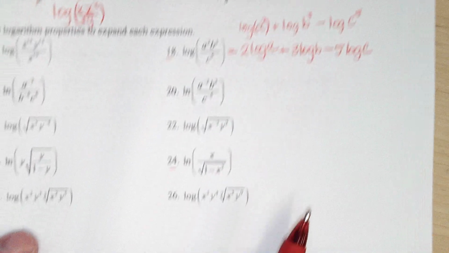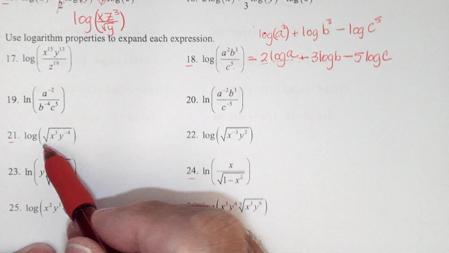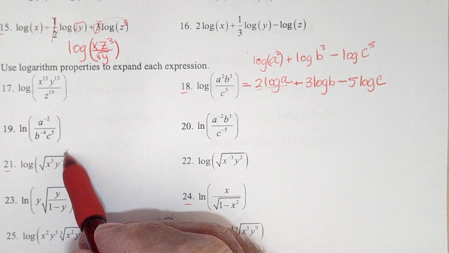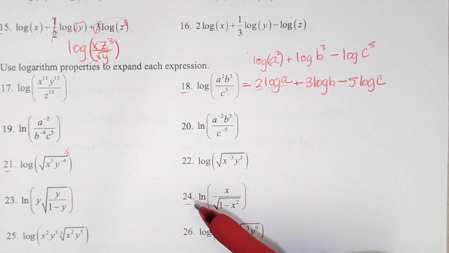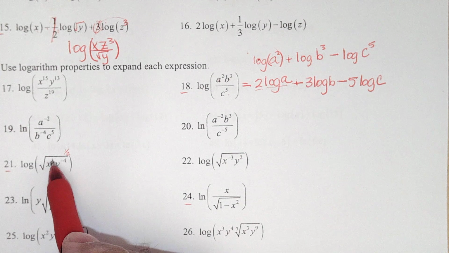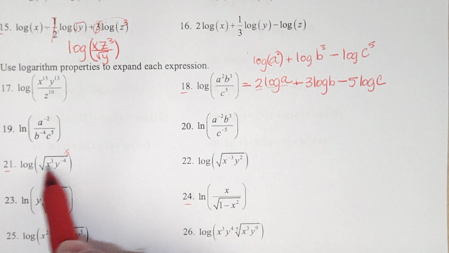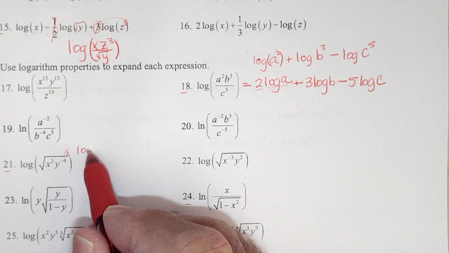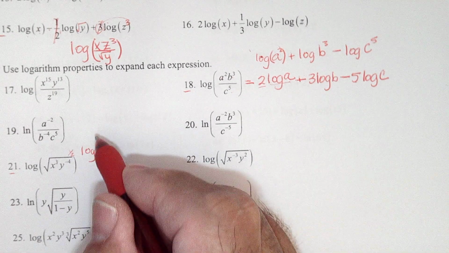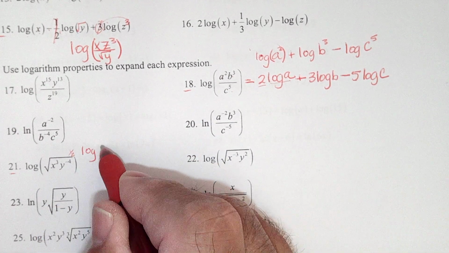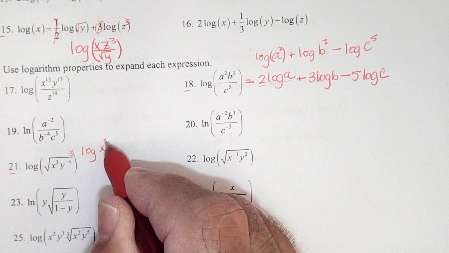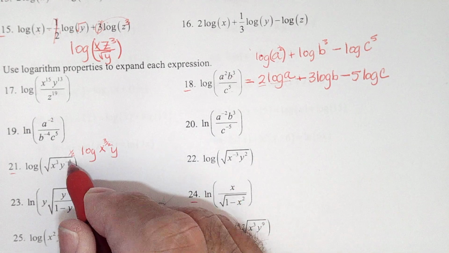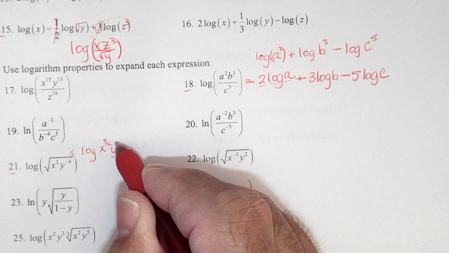Okay, 21. So we have square root, which is just the 1/2 power. And I could actually distribute the half into this because they're multiplied. So I could call this log of x to the 3/2 and y to the -2.